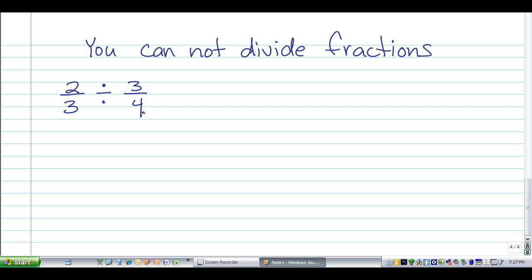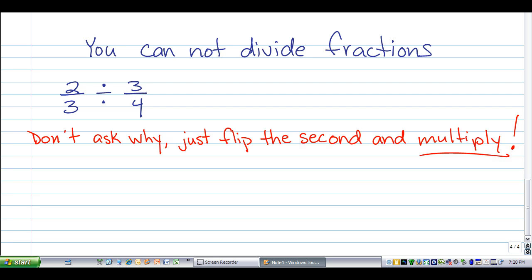Well, here is a little catchphrase that I want you to memorize. Don't ask why, just flip the second and multiply. Do exactly what that says. Don't ask why, just flip the second and multiply. And when we say second, we mean the second fraction.